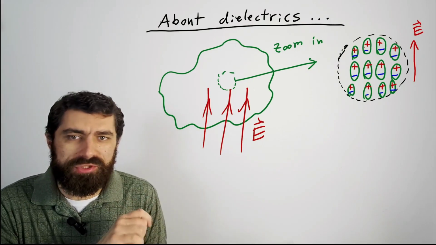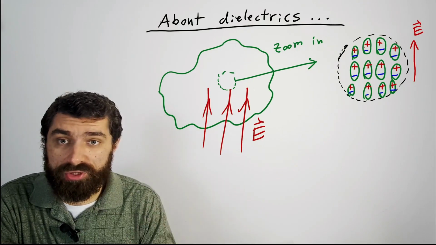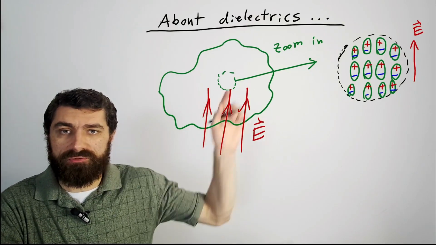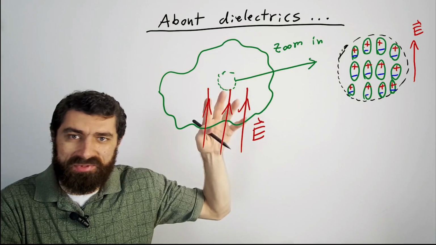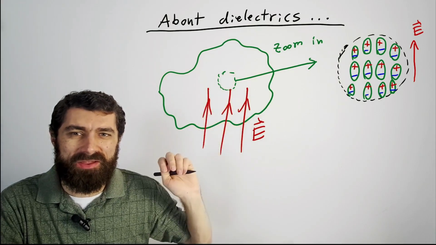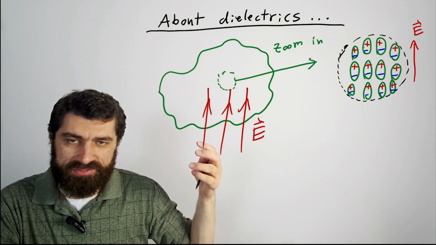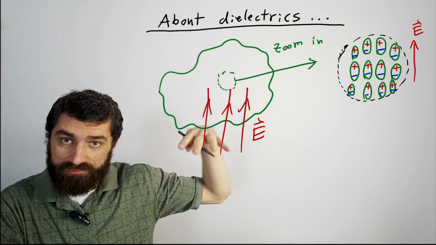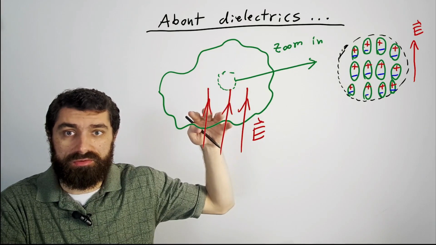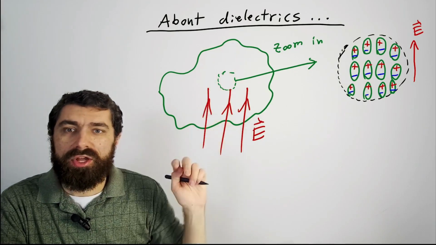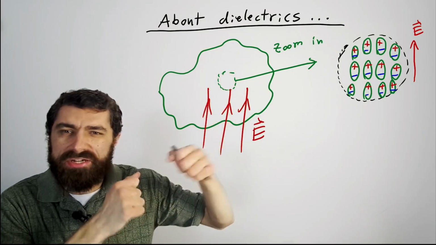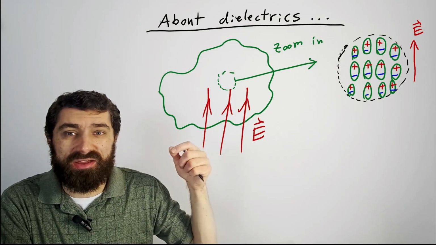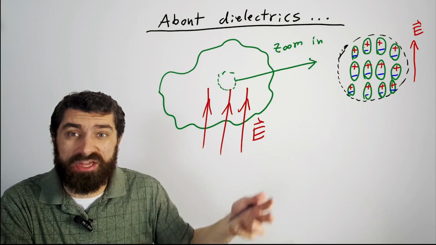Suppose you have a dielectric material and you apply an electric field to it. Although you would not get an electric current flowing in this material because it's an insulator, you would have a redistribution of charges within the atoms and molecules of the material itself.